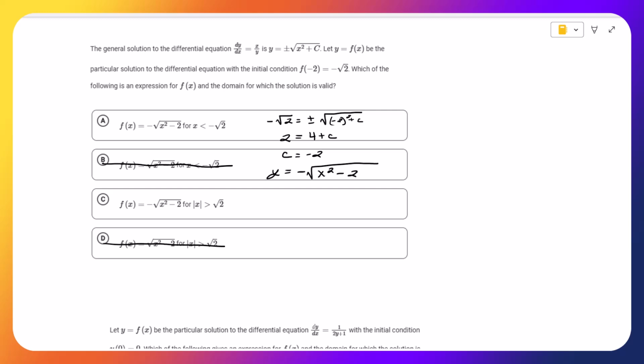Well, can we take the square root of a negative number? No, we can't. So we need to say that this inside our square root, our x squared minus 2, needs to be greater than or equal to 0.